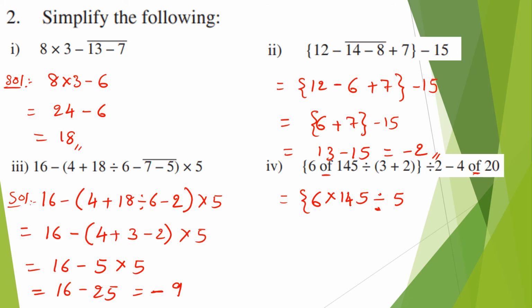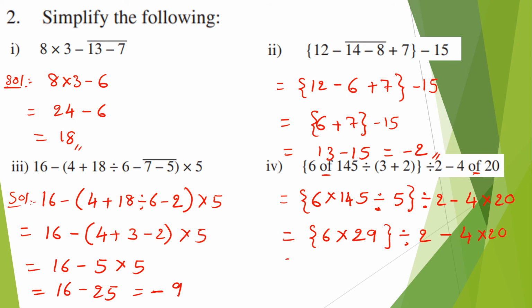Now divided by 2 minus 4 into 20. Now calculate inside the curly brackets and remove them. Now calculate 6 into 145 divided by 5, how much is it? That is 29.